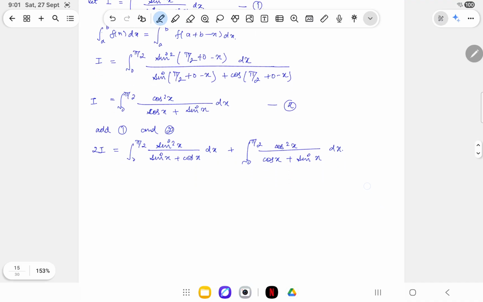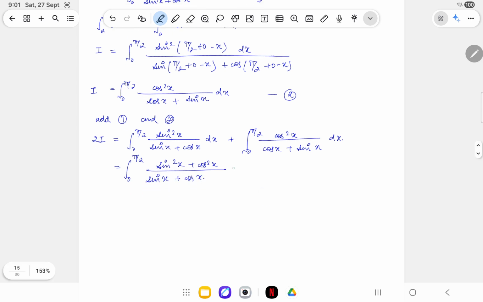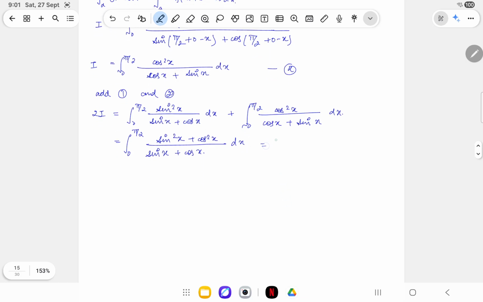Now the limits in both integrations are the same, so I can club these two together. I'll get the integral from 0 to π/2 of (sin²x + cos²x) divided by (sin x + cos x) dx, and we know that sin²x + cos²x is 1. So this term will reduce to the integral from 0 to π/2 of dx divided by sin x + cos x.